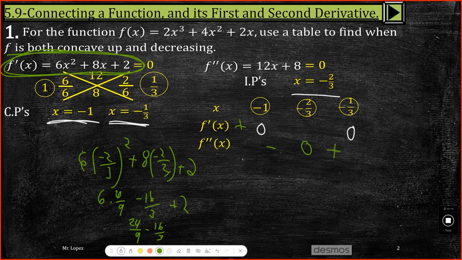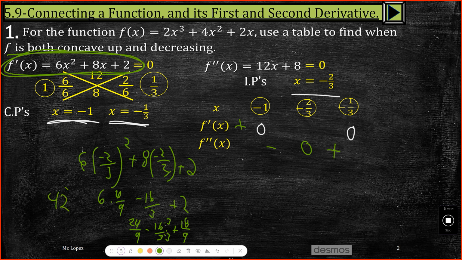I just want to know if it's positive or negative, that's all. Plus what? 18 over 9. Common denominator. 18 over 9 is 2. Times this by 3. Okay, now we can figure it out. What's 24 plus 18? 24 plus 18 is 42.